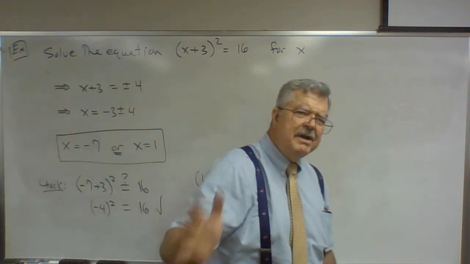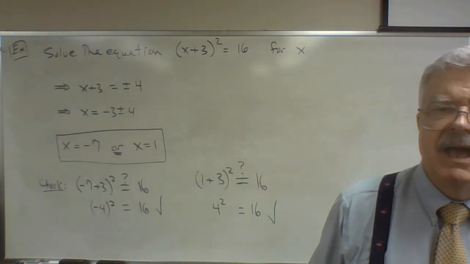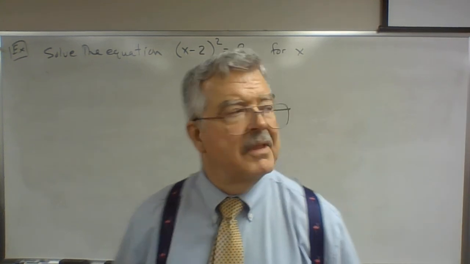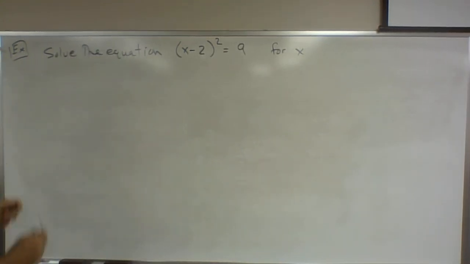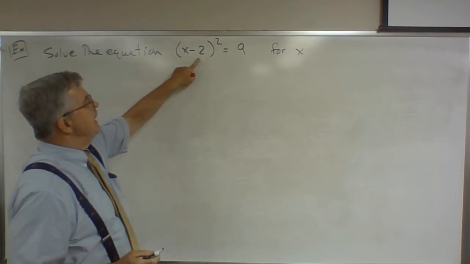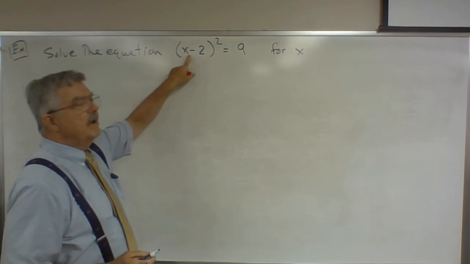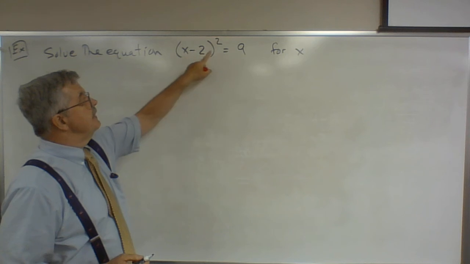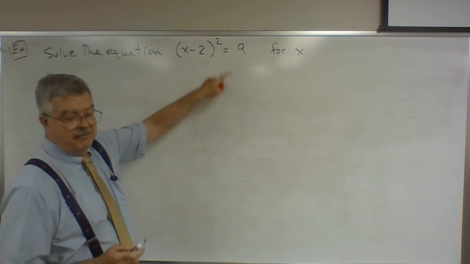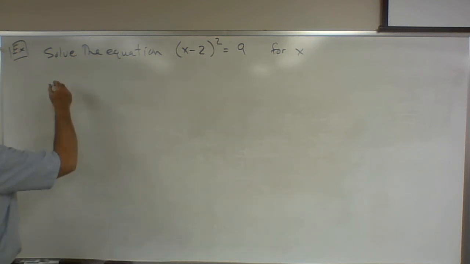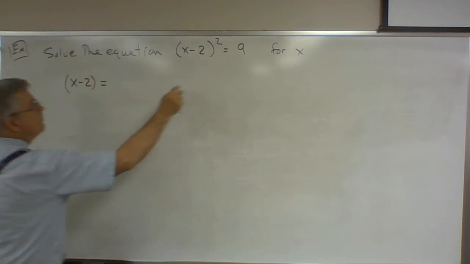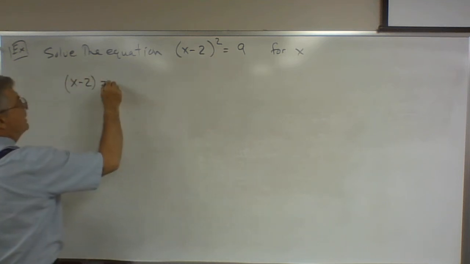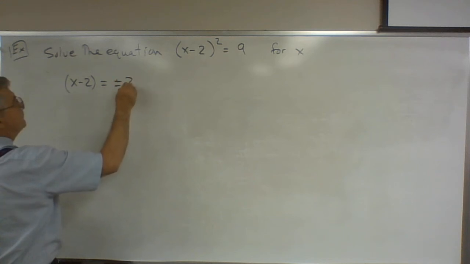Let's do one more like this and I'll let the cat out of the bag. Here we go. Solve this for x. Well, to isolate x, the first thing I'm going to do is compute the square root of both sides. And I'll get x minus 2 equals plus or minus the square root of 9.